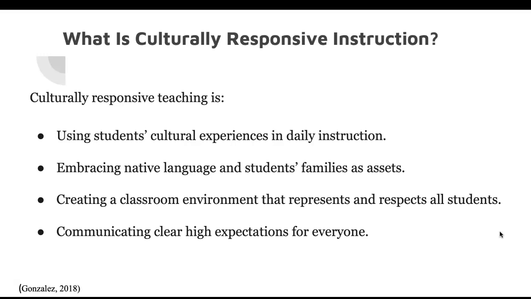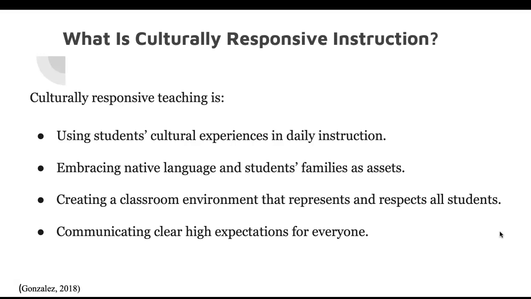What is culturally responsive instruction? Culturally responsive teaching is when you are using the students' cultural experiences in your daily instruction. So as a teacher, it's really important to get to know your students, get to know where they come from, and use their experiences in your daily instruction on how you teach them.